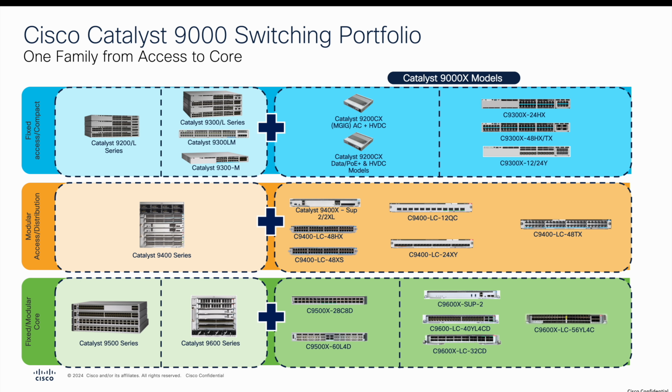In terms of our core offering, we have the fixed 9500 series as well as the modular 9600 series of switches, which also offer the Silicon One based X series within themselves as well, alongside different line card options also. And from here, I will hand over the ball to Ovoa and she'll deep dive into the Catalyst switching innovations that are coming with iOS XE 17.14.1.